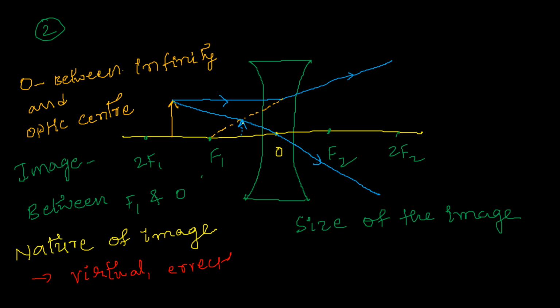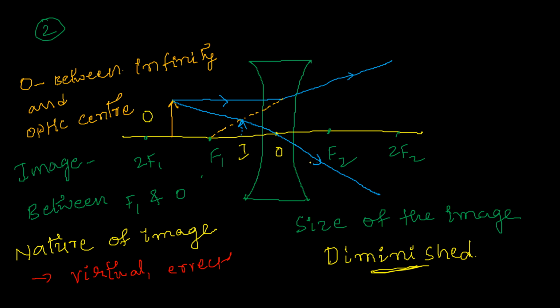Diminished means decreased compared to the object. Compared to the object, the image size is decreased, so diminished, or reduced.